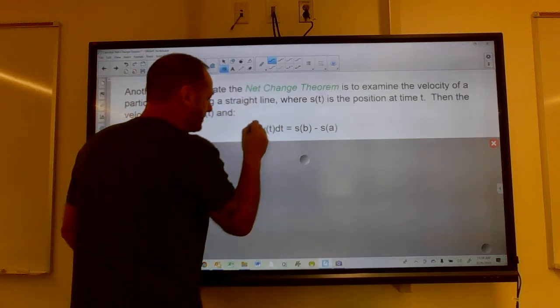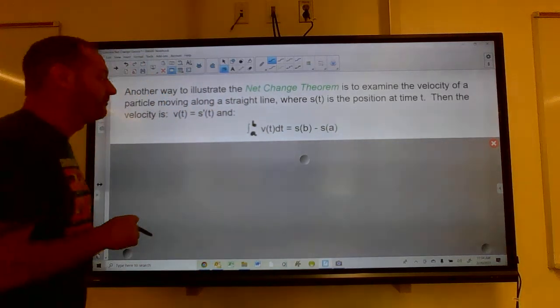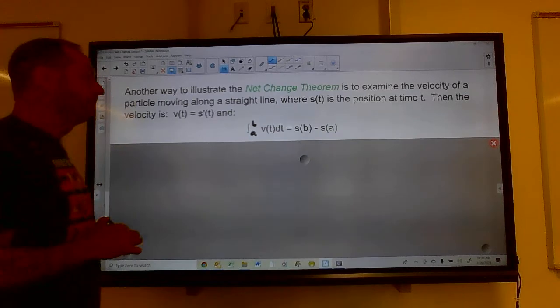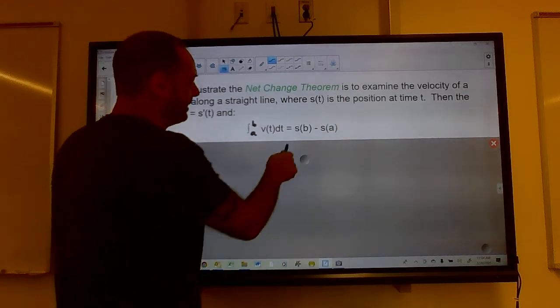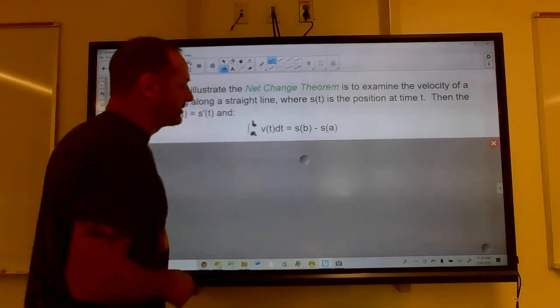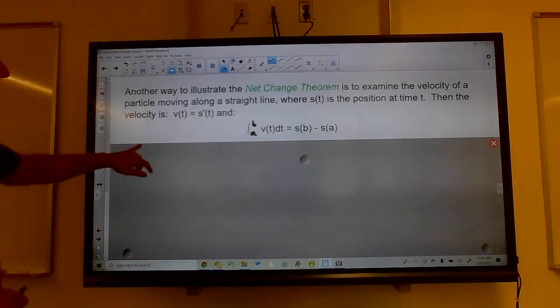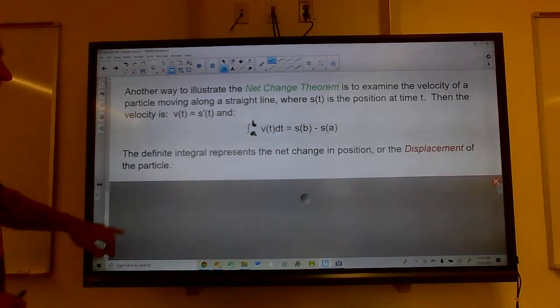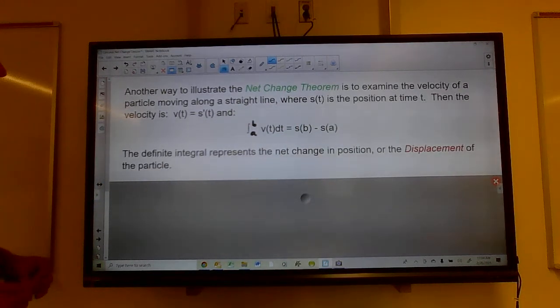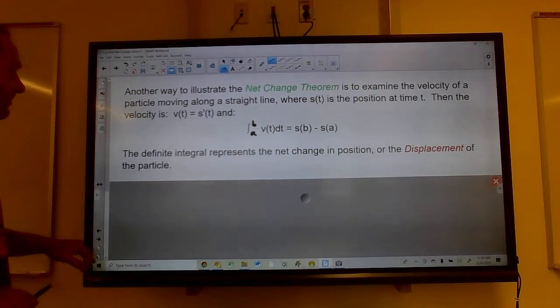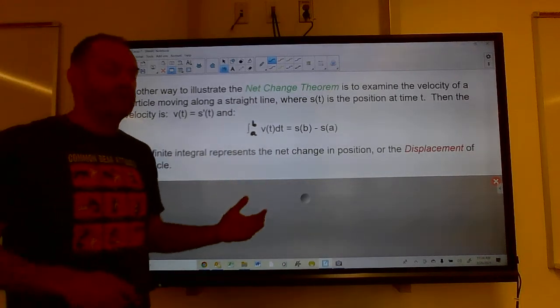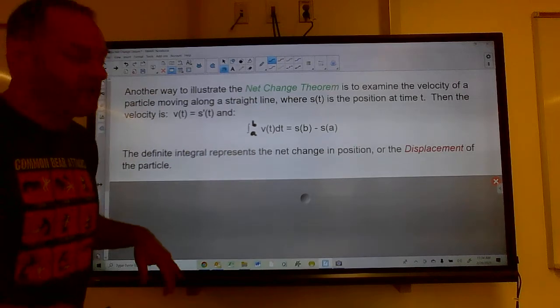This should go from a to b. Okay, the integral from a to b of the velocity is going to be the position at b minus the position at a. The definite integral represents the net change in position or the displacement of the particle. So displacement is the net change in position.